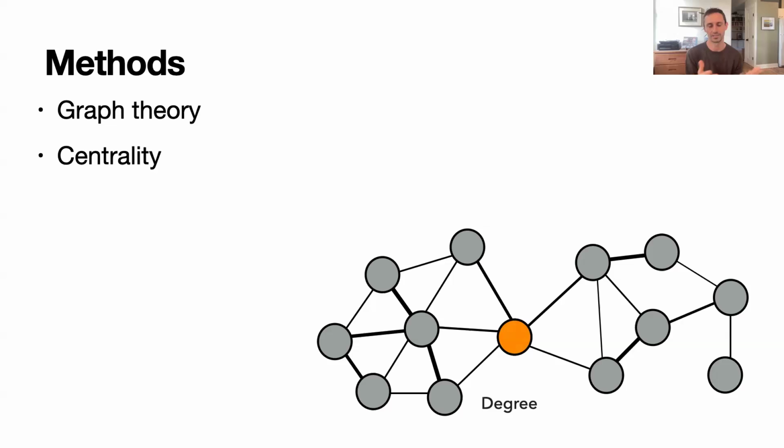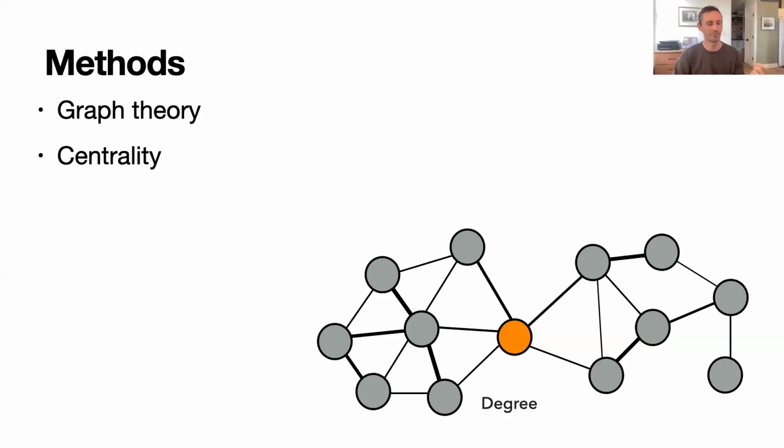As an example, degree would be the simplest measure of centrality, where we just count the number of links connecting each individual voxel to the rest of the network. In this case, the voxel highlighted in yellow would have a degree of 5. Simple enough. Just to clarify, we have a threshold below which we would say two voxels are not synchronized, there's no functional connectivity, and we would not have any connection.